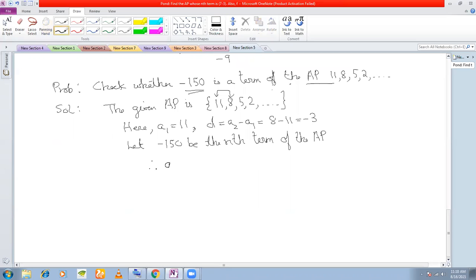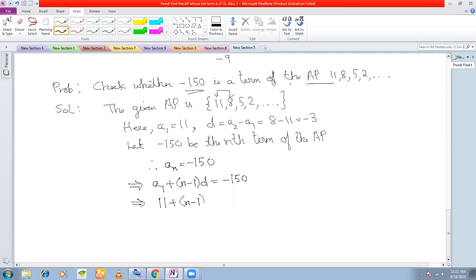So therefore, an is equal to minus 150. And what is the formula for an? A1 plus n minus 1 into d is equal to minus 150. Put the values. A1 here is 11. n we need to find out.